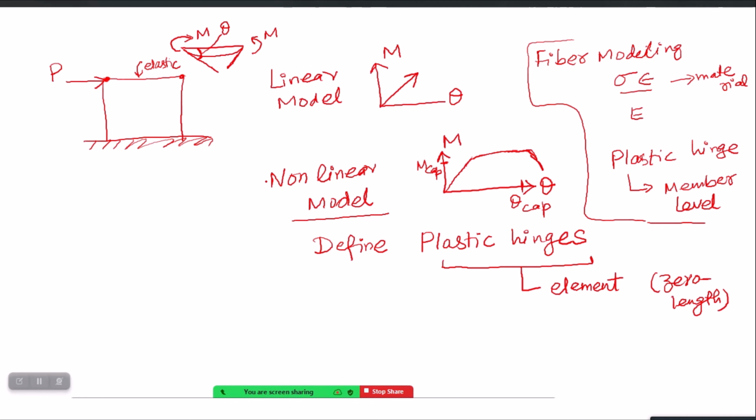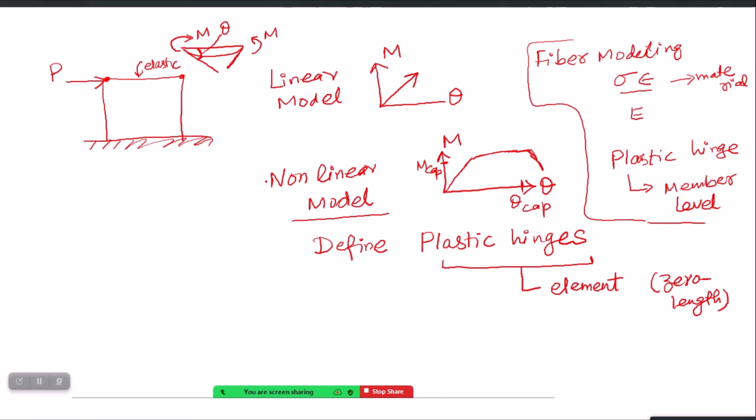Since you are assuming that the inelastic action is concentrated at a certain point where the plastic hinge is provided in the model, this approach is called the lumped plasticity approach or concentrated plasticity approach.